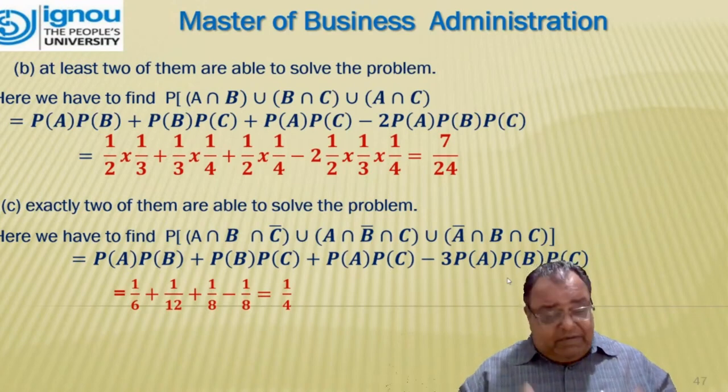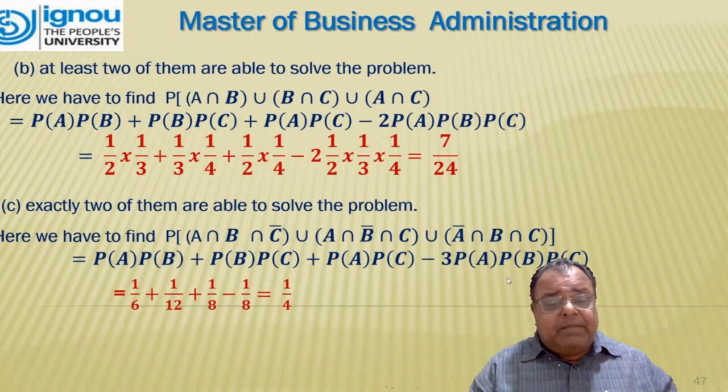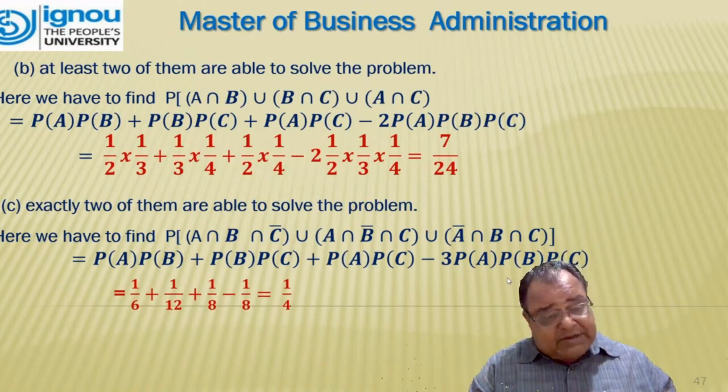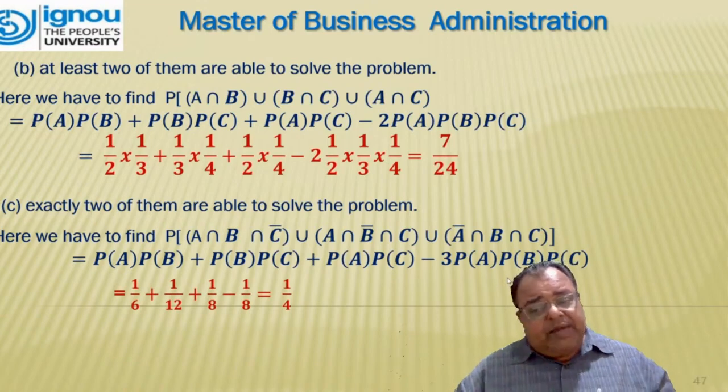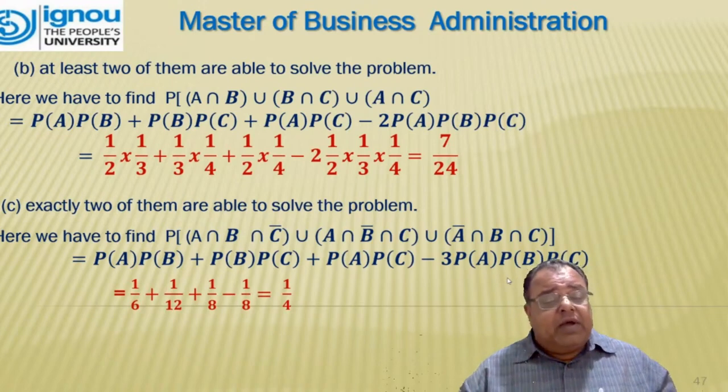When we convert this into a mathematical relation, that will be PA into PB plus PB into PC plus PA into PC minus 3 times PA, PB, PC. After calculating it, we get a value of 1 by 4.